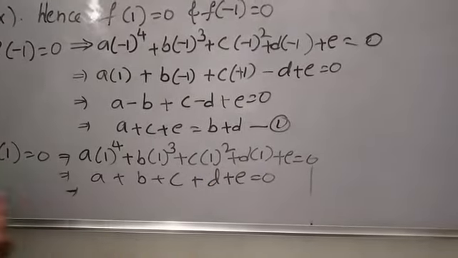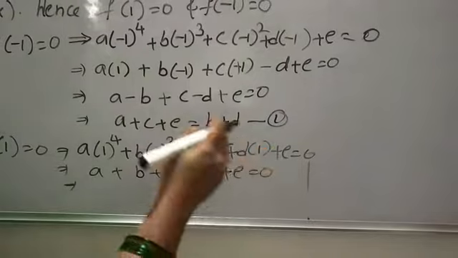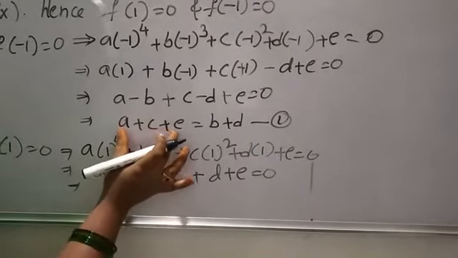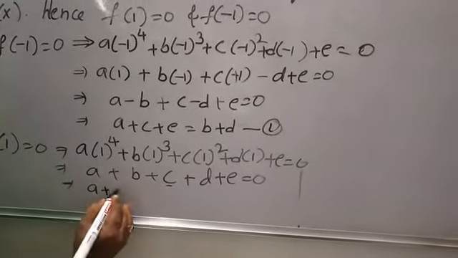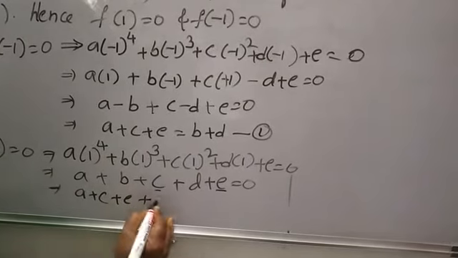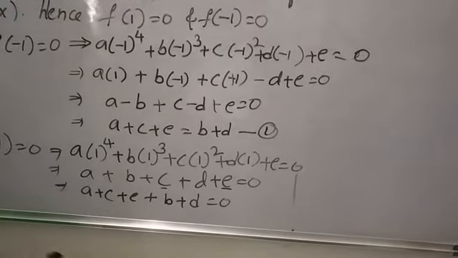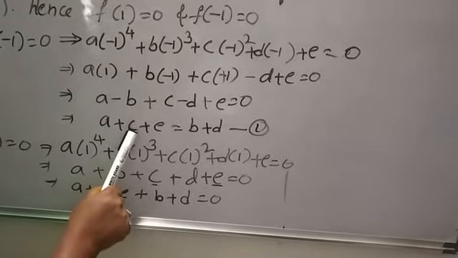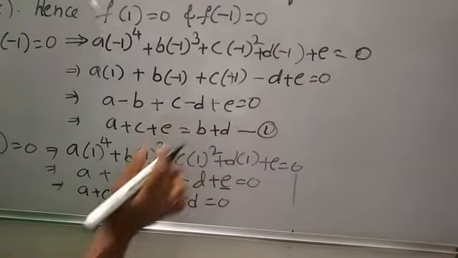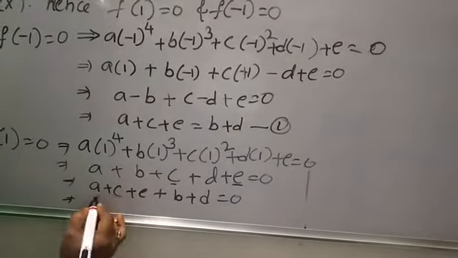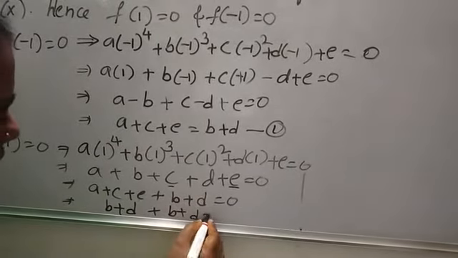Now observe equation 1: we have a plus c plus e on one side and b plus d on the other. Here also we can write the same variables on one side: a plus c plus e plus b plus d is equal to 0. Since a plus c plus e is equal to b plus d, in the place of a plus c plus e we substitute b plus d from equation number 1. So b plus d plus b plus d is equal to 0.